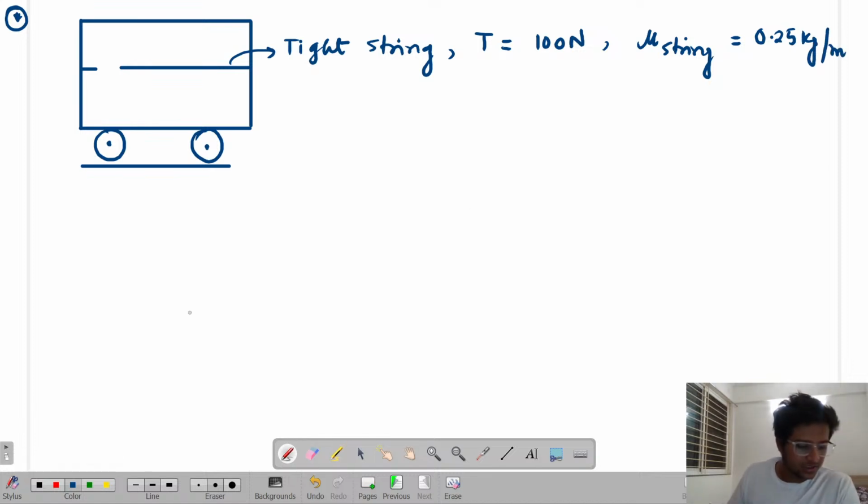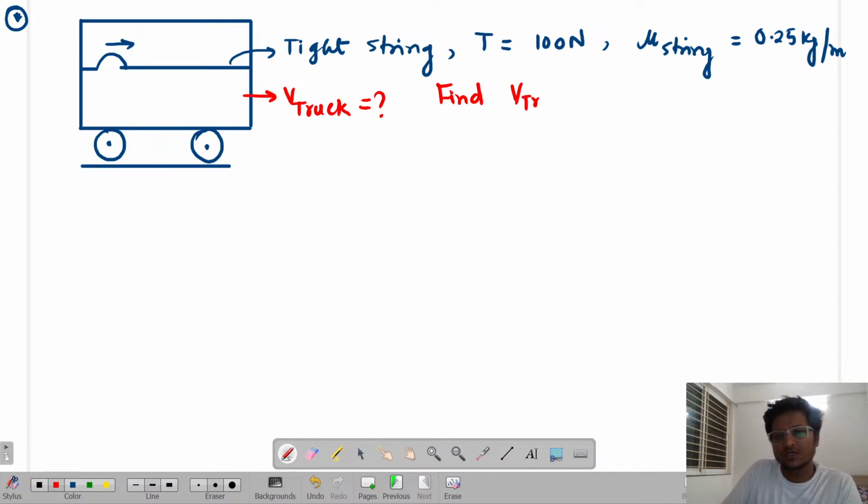The question is simple. Let's suppose this wave which was generated has been traveling towards right initially, then find the velocity of the truck so that the pulse remains stationary with respect to ground.